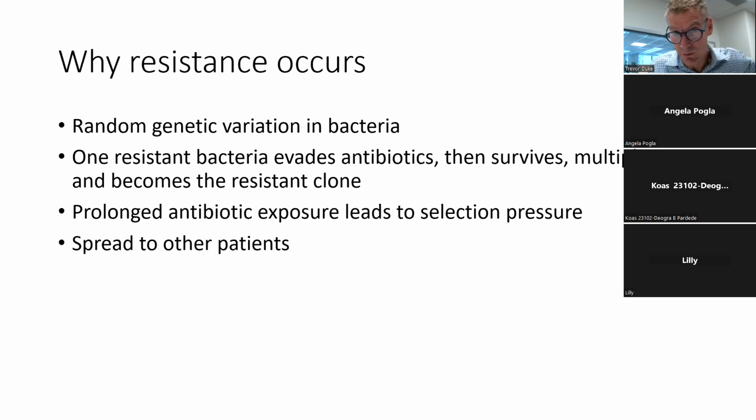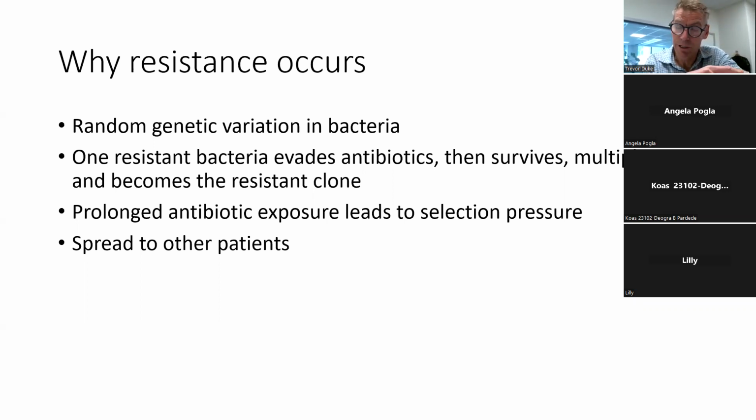You all know about selection pressure in terms of evolution of various species. Usually that's to be more adaptive. And in some ways, the bacteria are being selected to be more adaptive to the environment where those antibiotics are being given. And that is a big problem in hospitals where there's large amounts of antibiotics being given.